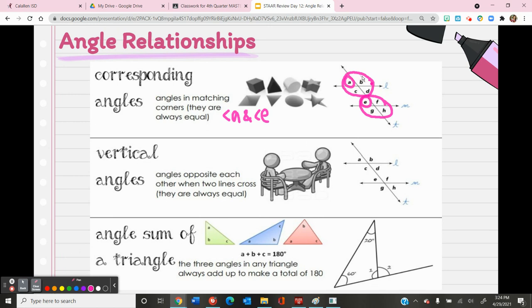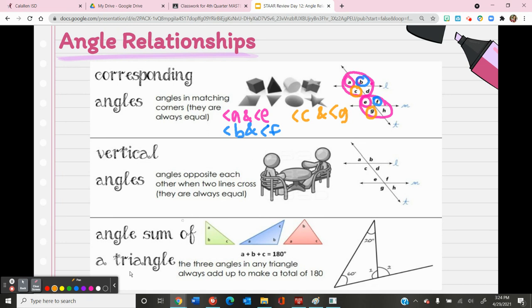Then, for instance, I also have angle B, and on line M, angle F is also in the same position. So these are also corresponding angles, angle B and angle F. If I keep going, I have angle C on line L, and on line M, angle G is in the same position.